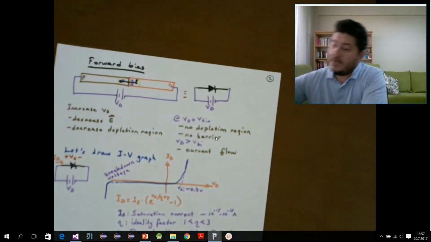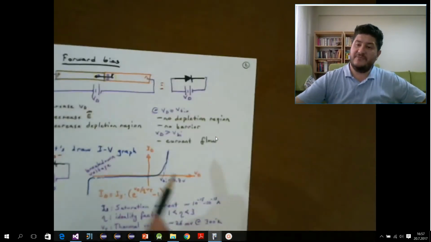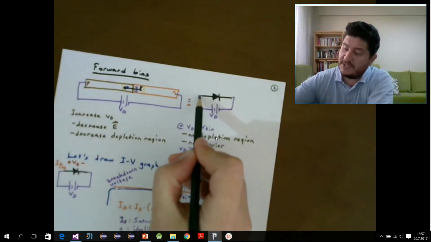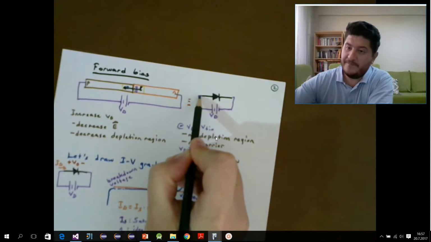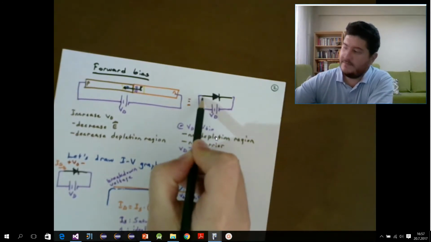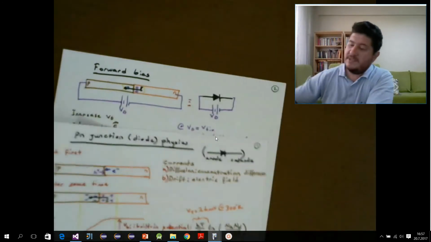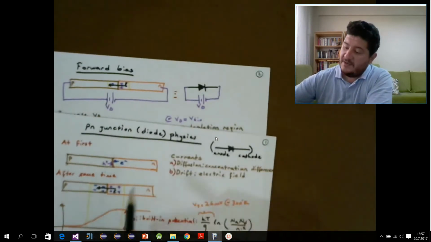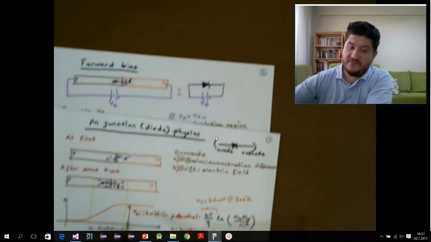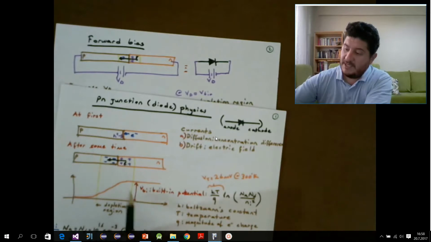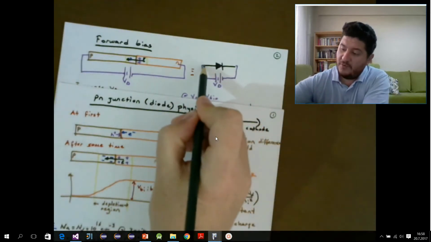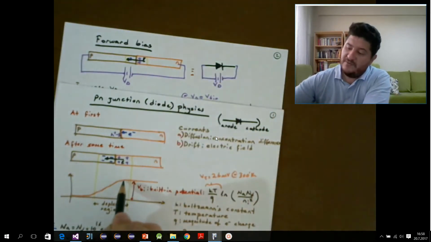Now what happens if we apply more voltage on this side? If we are raising this voltage, let's see what we are doing. We have a 0.7 voltage difference here. If we apply more voltage here, we will be making this gap smaller.